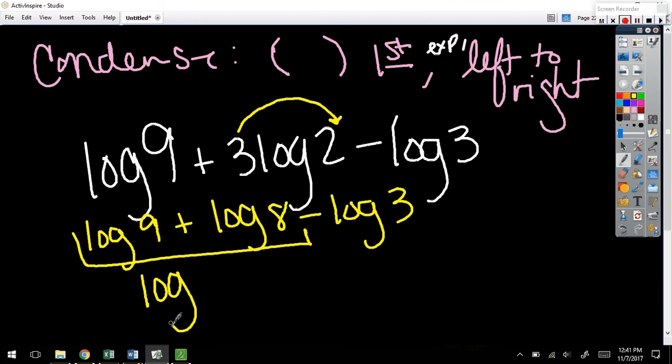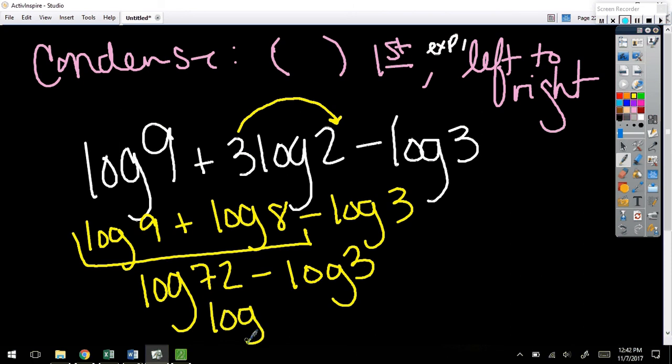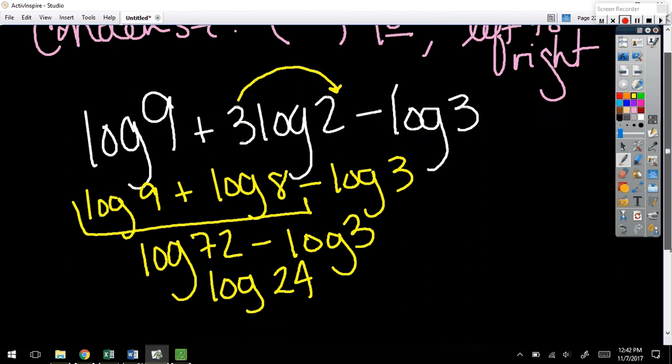Exactly, 10. 9 times 8 is 72. When I'm subtracting, I do what? Divide. I get log 72 over 5. Does that make sense?